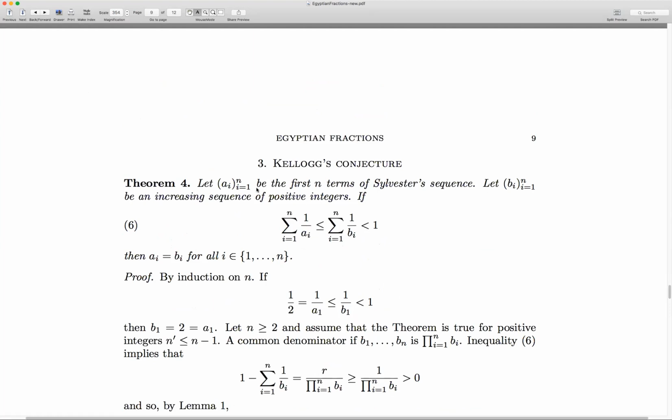Okay, now exactly 100 years ago, in 1921, in a note in the Monthly, a mathematician at Harvard named Kellogg wrote a little paper, and he said, I proved something, but I never wrote down the proof, but I mentioned it somewhere in a letter or a lecture.